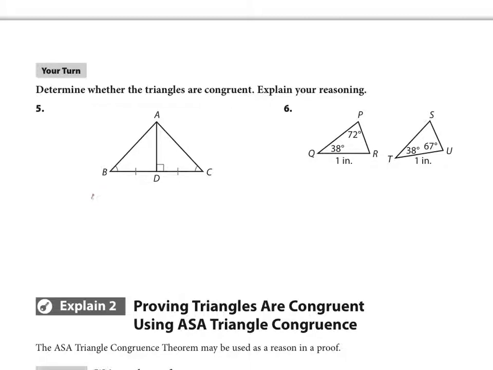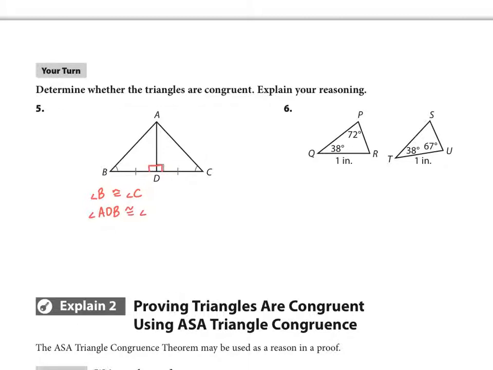All right, let's look at what is actually congruent here. On number 5, angle B is congruent to angle C. This angle right here is a right angle. If the right one is a right angle, the left one has to be a right angle because that makes a straight line. So that's angle ADB, the one on the left triangle.